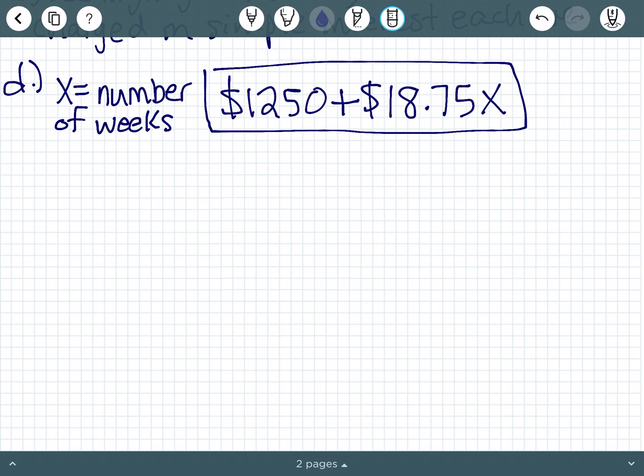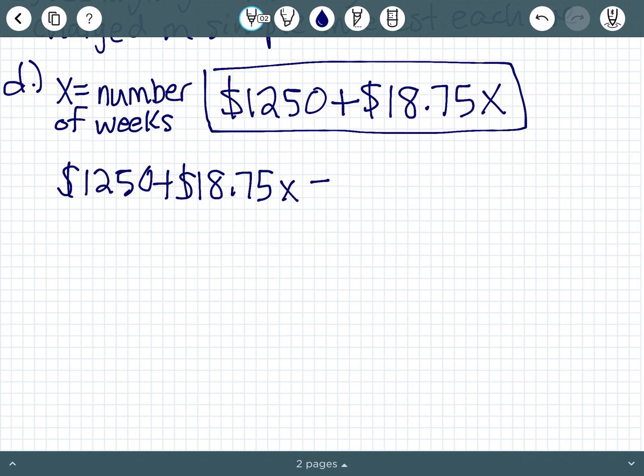And what we're going to do is take that expression, $1,250 plus $18.75 times x, we're going to set it equal to $1,500. So the reason we're setting it equal to that is because that's the amount that's going to be charged if they do not pay by the end of the school year.